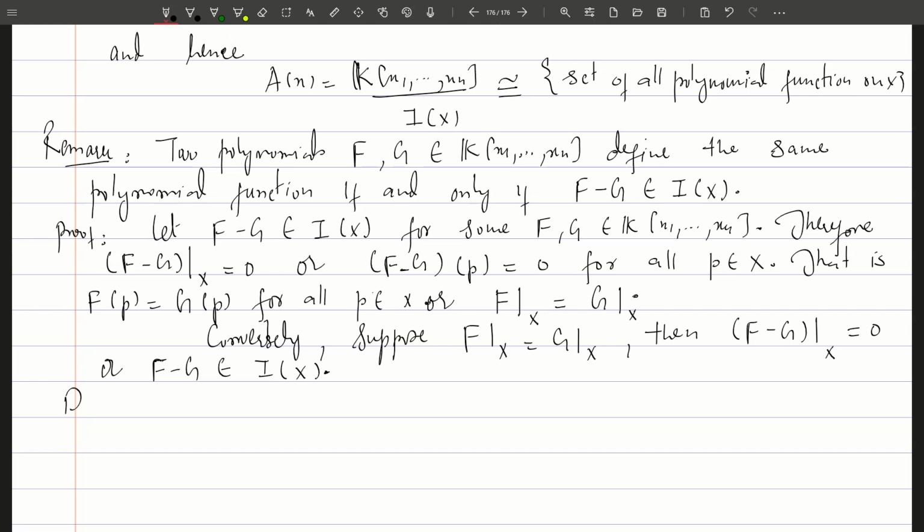Now we have a definition. Let us consider two algebraic sets. Let X be a subset of A^n and Y a subset of A^m be affine algebraic sets.